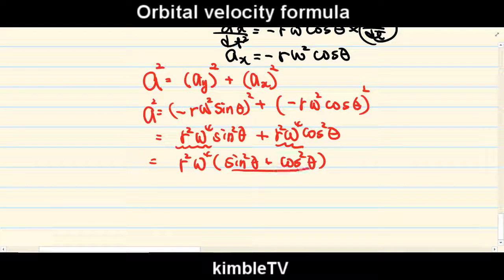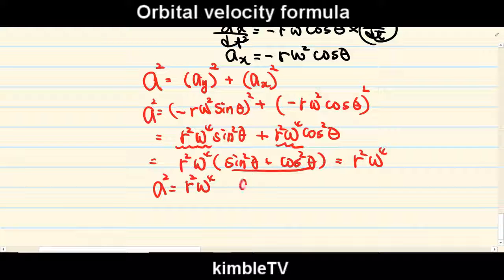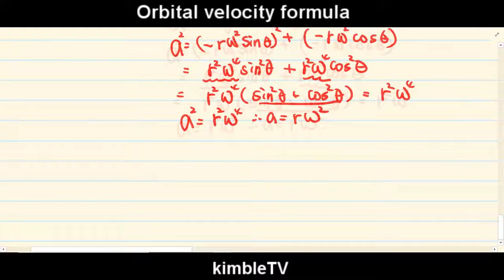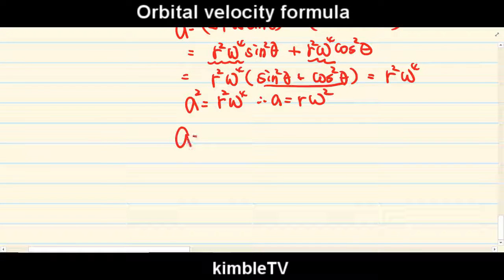This is 1. Therefore, a squared equals r squared omega to the power 4. A equals r omega squared.